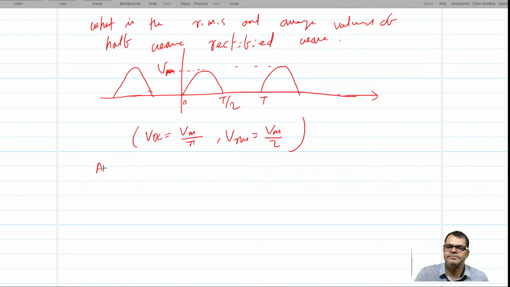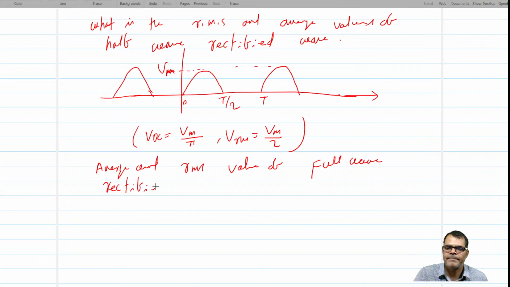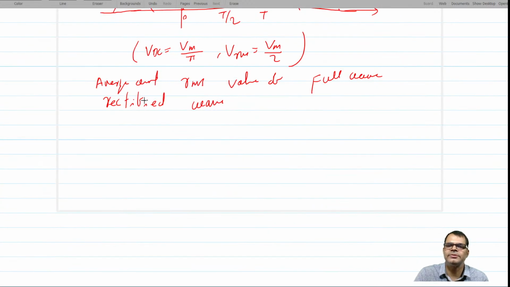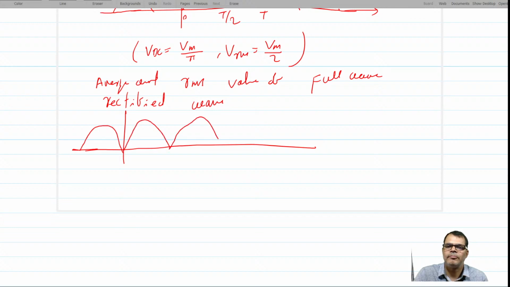Similarly, find the average and RMS value of a full wave rectified wave. How does it look?